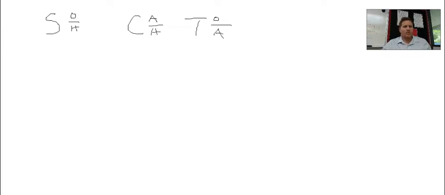Sine, we can abbreviate it as S-I-N, and we don't pronounce it as sin, we say sine. O stands for opposite, H stands for hypotenuse. So we have sine equals opposite over hypotenuse. Cosine, which we do COS, is the adjacent over the hypotenuse. T stands for tangent, and that is going to be the opposite over the adjacent.